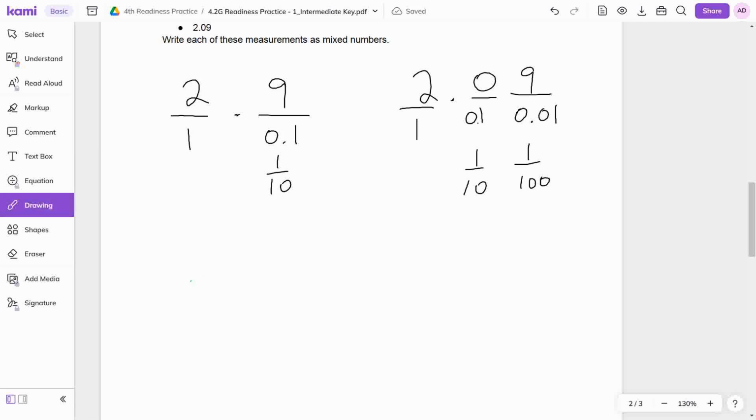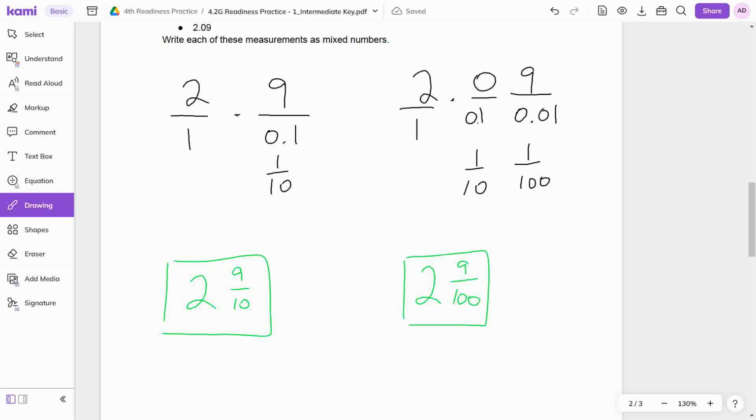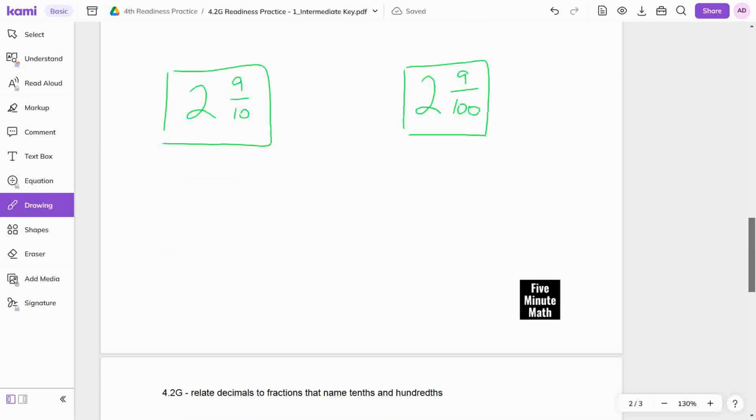So 2 and then 9/10, let's write that as a fraction. So 2.9 is the same as 2 and 9/10. Now this other one still has a 2 as the whole number, still has a 9 as the numerator of my fraction, but my denominator is different because that 9 is not in the tenths place, it is in the hundredths place. So I'm going to write it as 2 and then 9/100. So the 2 and the 9 are similar. The denominator for both is slightly different.